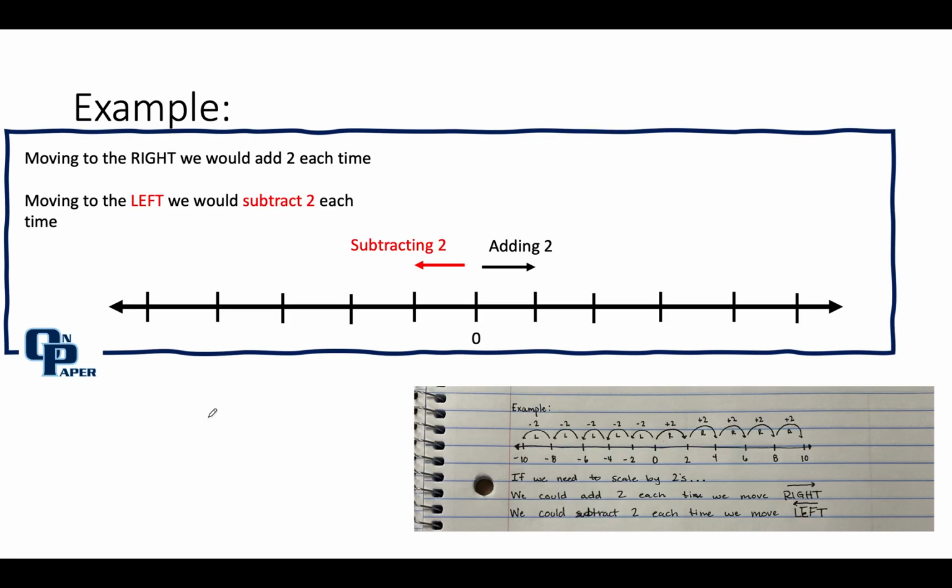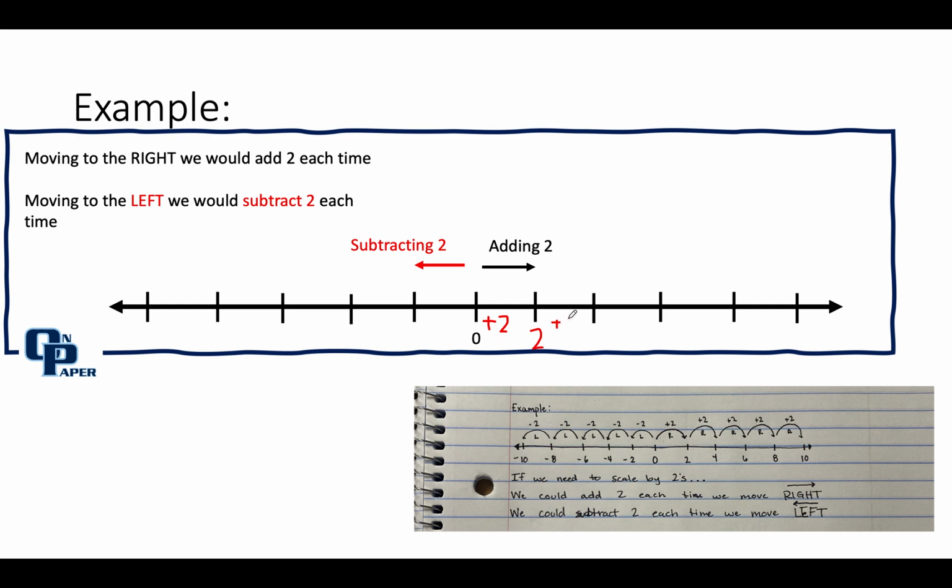So we have our first example. This example will go on the same page we're working on, just right underneath where we wrote. So we have a number line here. We have 0 in the middle. And this time our pattern is 2. We're going to be adding by 2 and subtracting by 2. And if we look at our notes, if we are moving to the right, we are going to be adding by 2. So if I have 0, and I'm moving to the right, so I want to add 2. 0 plus 2 will get me 2.